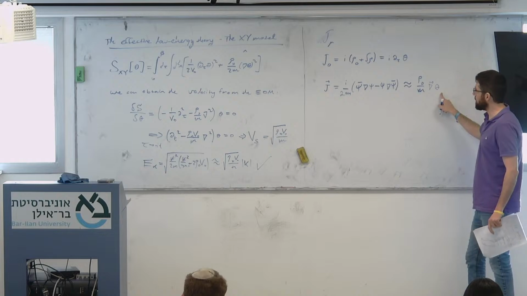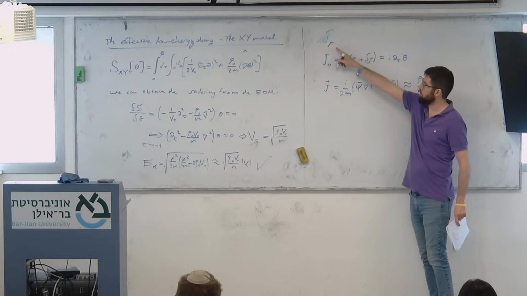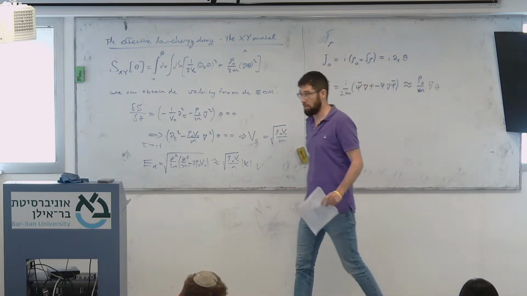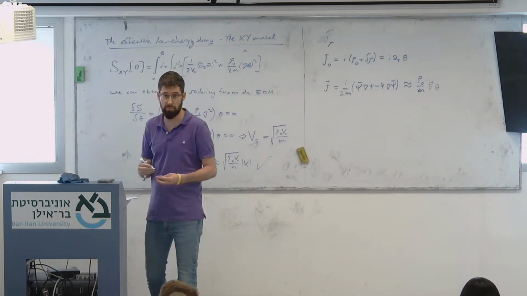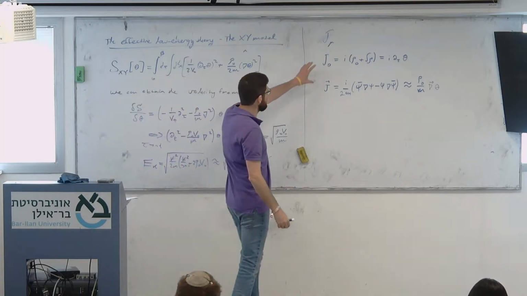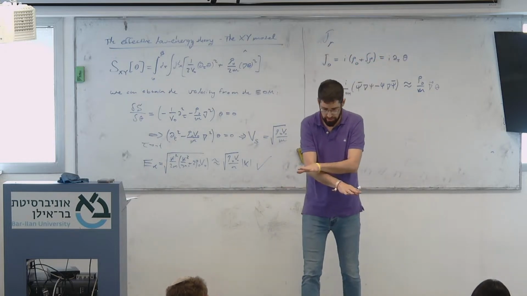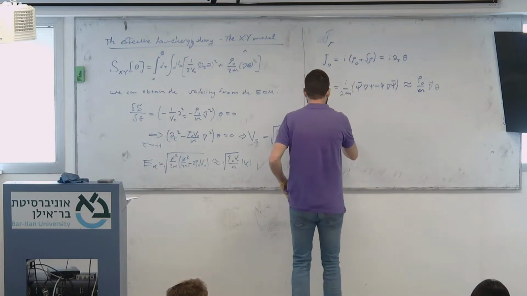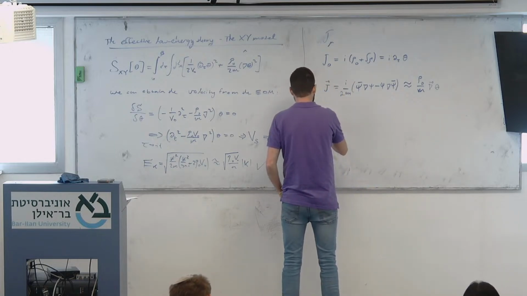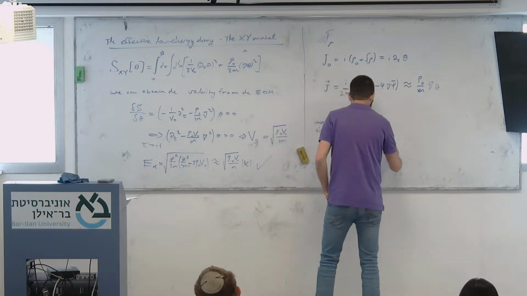So what you see now is very, very important. I remind you that this J mu is the current associated with number conservation. So this is the number current. So this is the charge. Gradients in time are charge. So now you can imagine that you have something like this. This is imaginary time, and this is space.